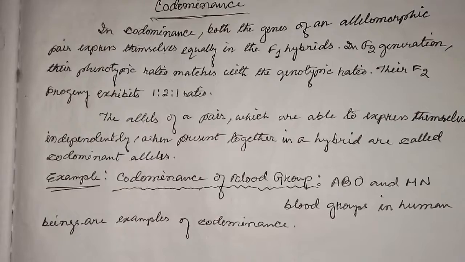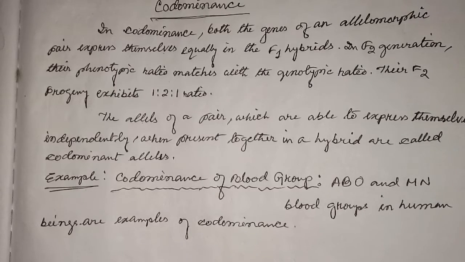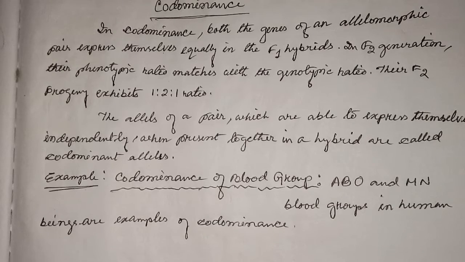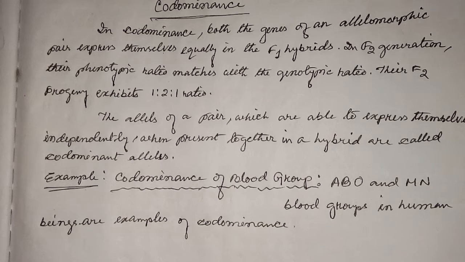The plasma membrane of human RBCs has sugar polymers which project out from the surface of RBC. These are called antigens, and the type of sugar polymer formed is controlled by gene I. The gene I has three alleles, IO, IA and IB.